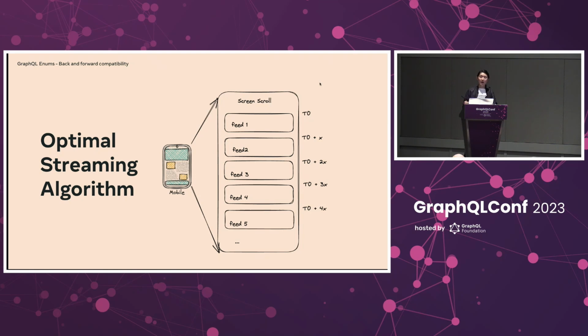One is if you have a list, and for each item you have a defer. Let's think about a crazy situation: let's say I have a list of 100 items, and for each item I have a defer on it. Initially, we would return 101 payloads, because each defer is returned separately.